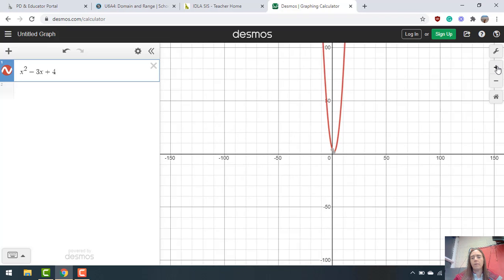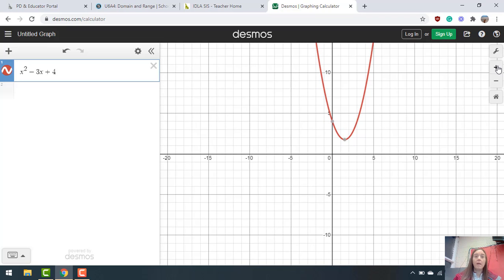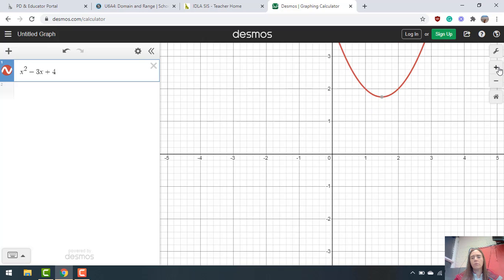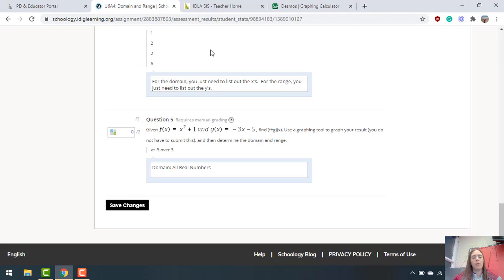So the domain for your x's would be all real numbers. Then if I zoom in a little closer, I can see my range is going to be, 1.75 is the y, so it's all of the numbers greater than or equal to 1.75. That would be your range.